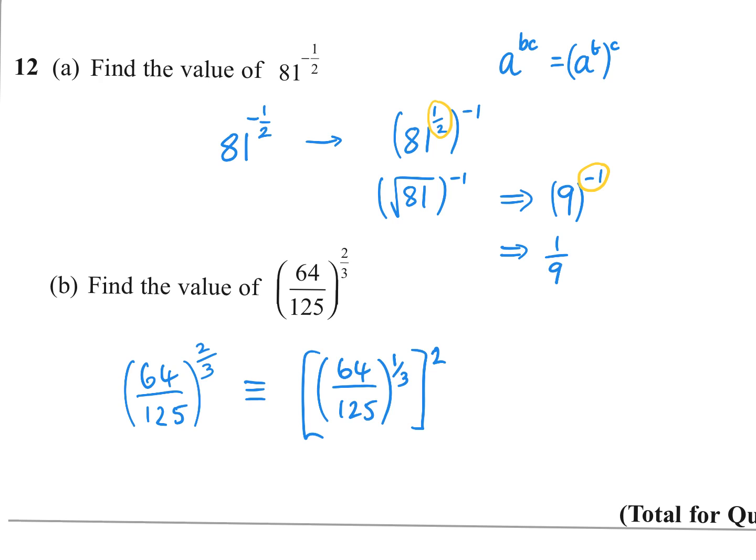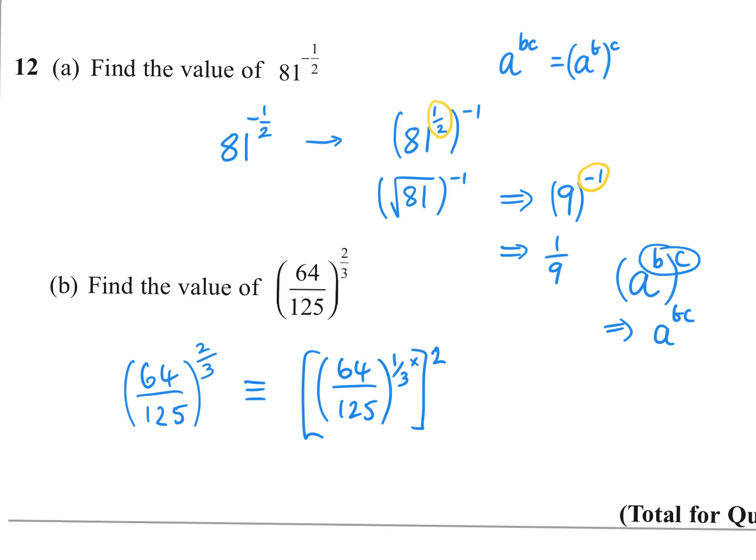Because don't forget, if we have a to the b to the power c, that's just a to the bc. Okay, you multiply the indices together. So it's like having two lots of 1/3. I'll just highlight that for you. That's like having two lots of 1/3, which is 2/3.